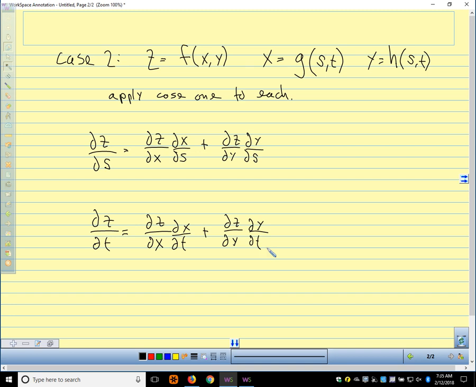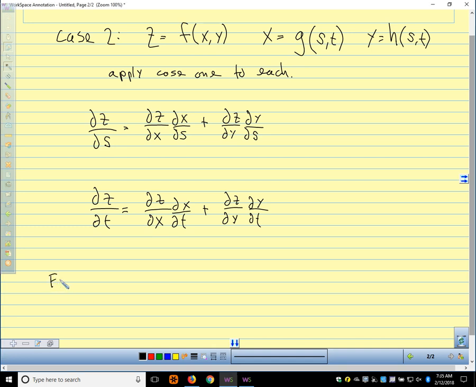And when we take these derivatives, for each case, we want to express our answers in terms of the independent variables.